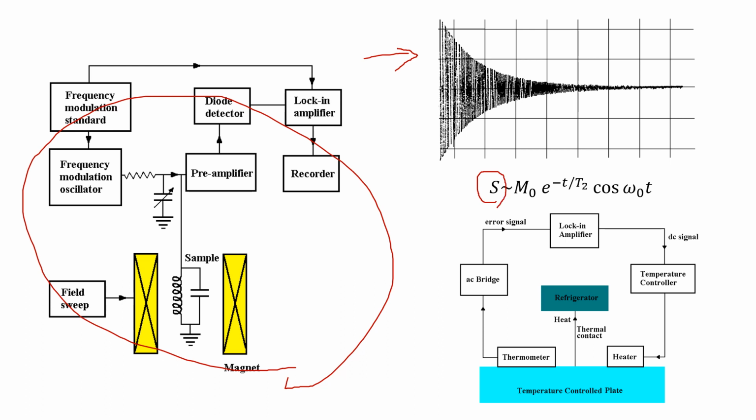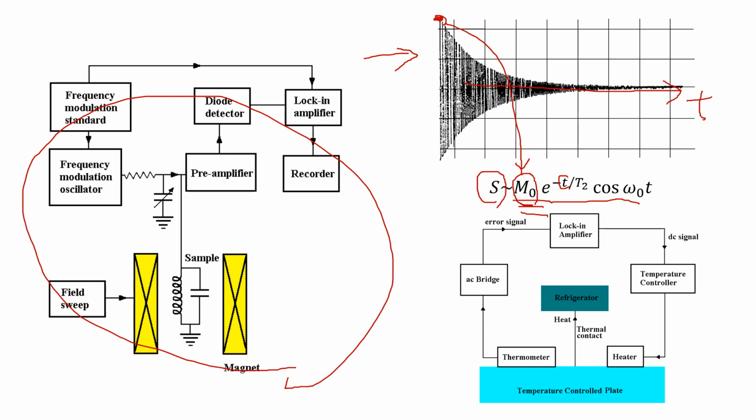The FID signal is proportional to magnetization, and as a function of time it decays. This value is the magnetization, so we can detect this value, and this value depends on temperature.